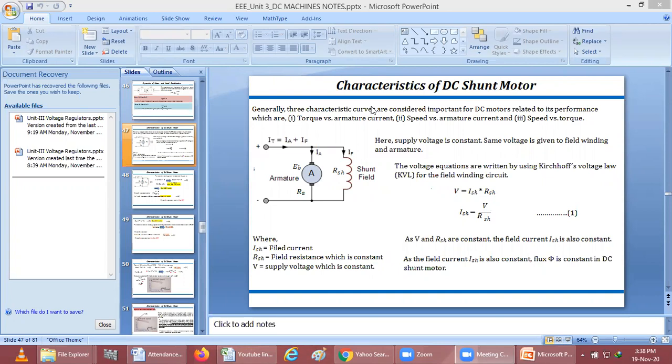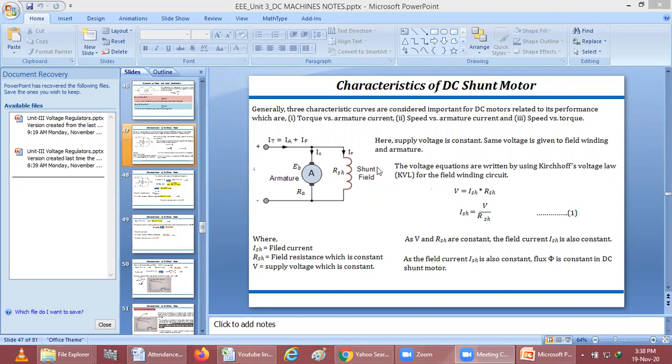Generally, three characteristic curves are considered in the DC motor, which are related to the performance of the DC motor. We call this DC motor a DC shunt motor because, if you see the construction diagram, when we give the power supply, you can see the armature winding and the field winding are in parallel with each other.